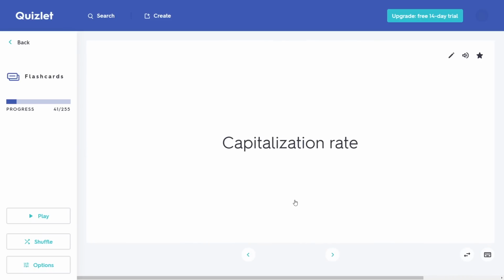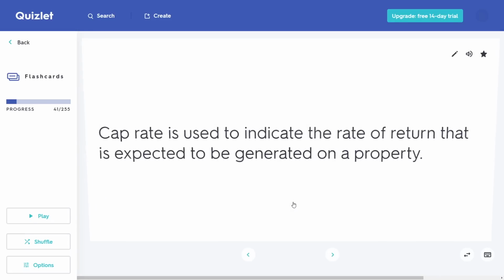Capitalization rate. Okay, this is a good one. Another investing one. Do you guys know what this one is? Cap rate, for short, is used to indicate the rate of return that is expected to be generated on a property.